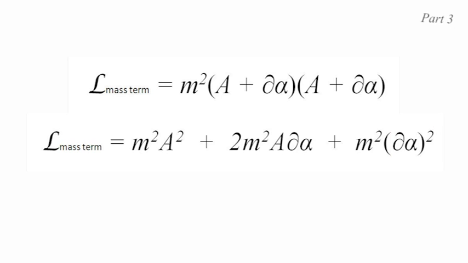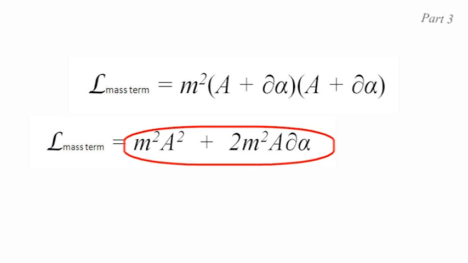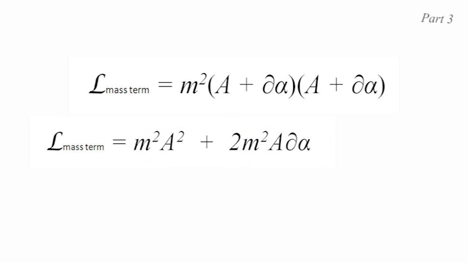So for our discussion, thinking about whether the mass term has changed under this transformation, we now need to look at the Lagrangian of the mass term, m²a² plus 2m²a dα, after we substituted this new a into the Lagrangian.